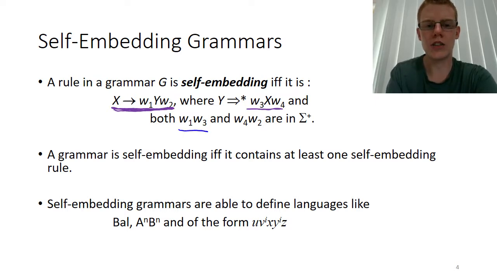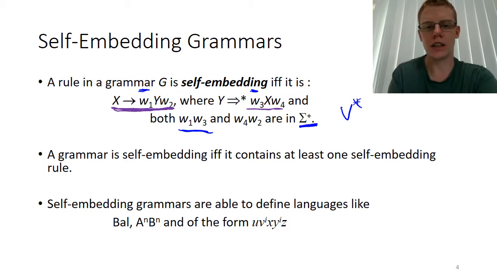The concatenation of the first parts, W1 and W3, so everything that eventually ends up out the front of the X, has to be a member of the input alphabet Kleene plus. So it can't be empty, and it doesn't contain non-terminals. Whereas before, with the recursive rules, we were looking at all possible symbols, Kleene star.